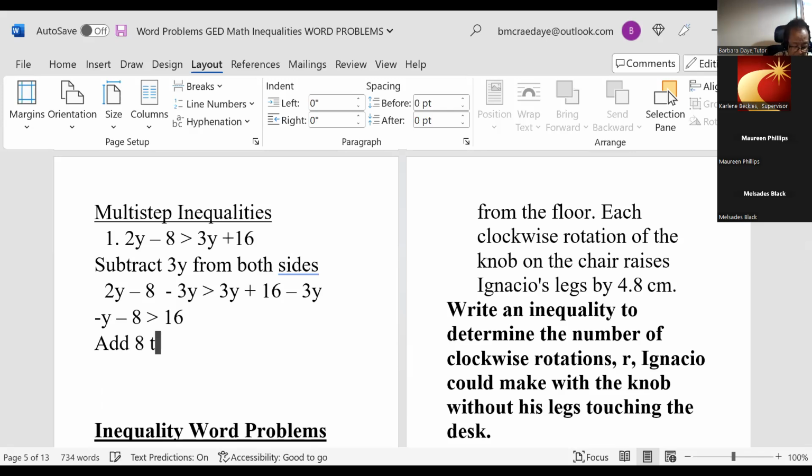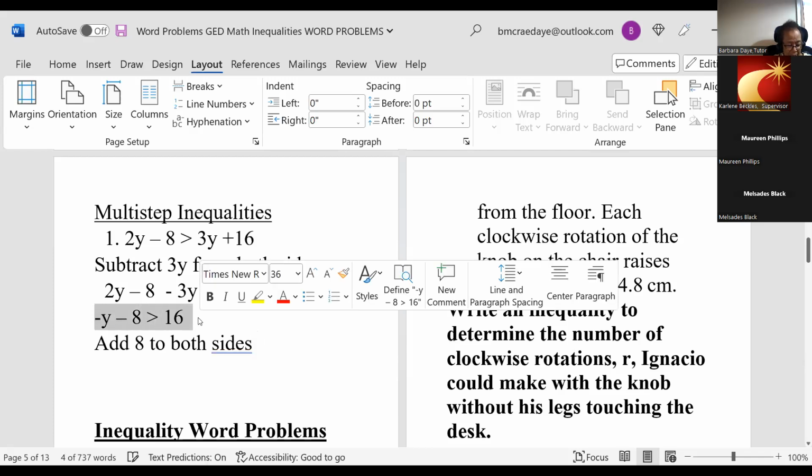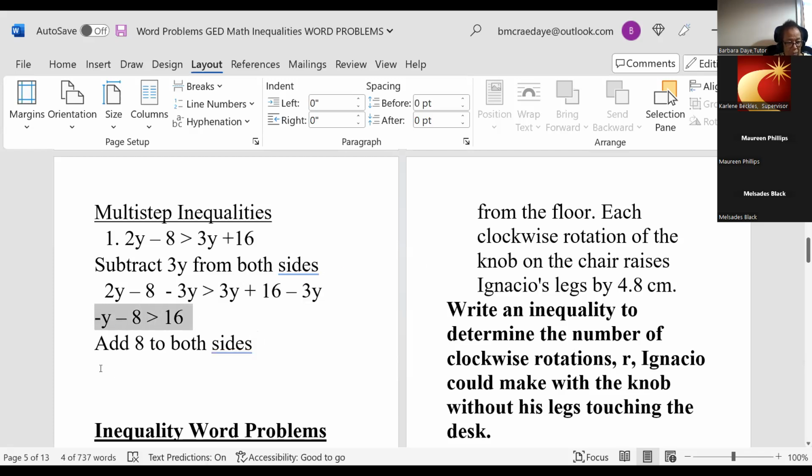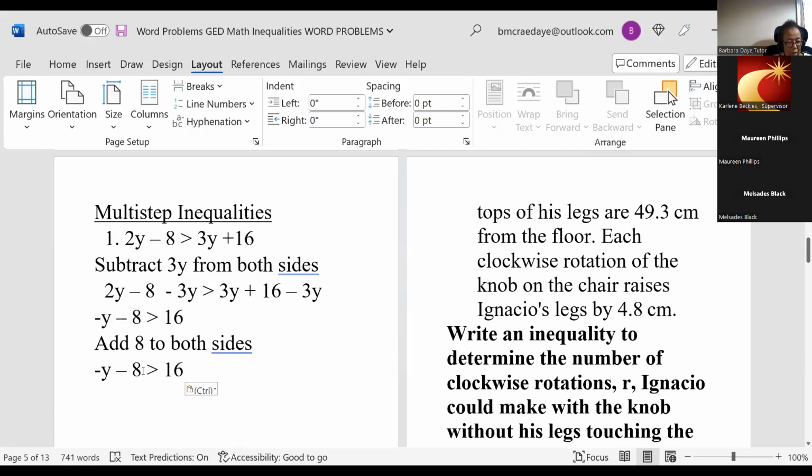All right, let me just copy this and add the 8. Add the 8 on the left and add the 8 on the right.